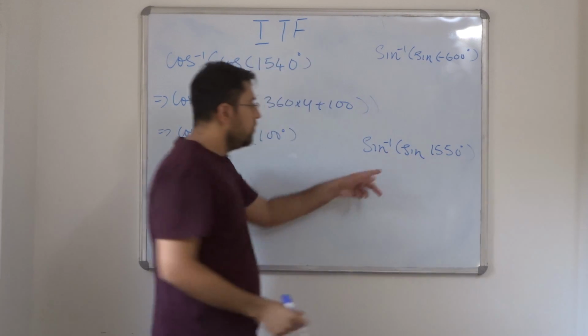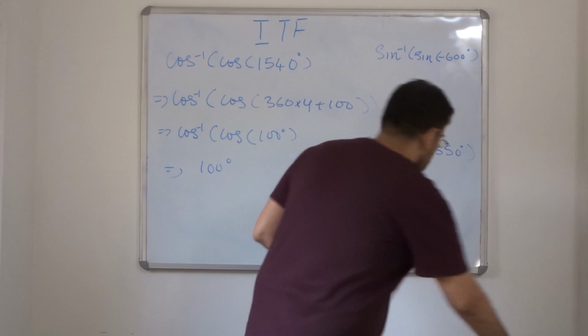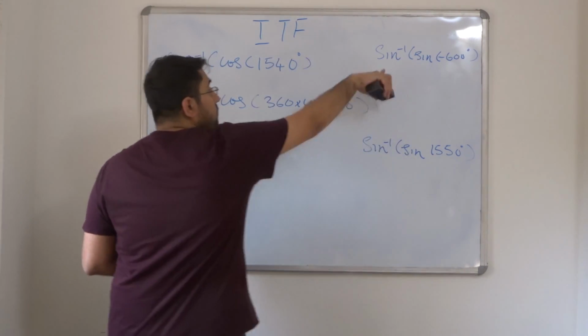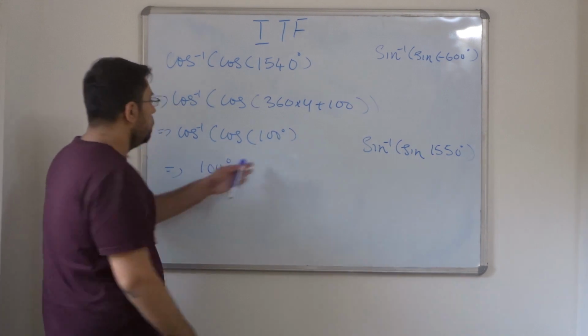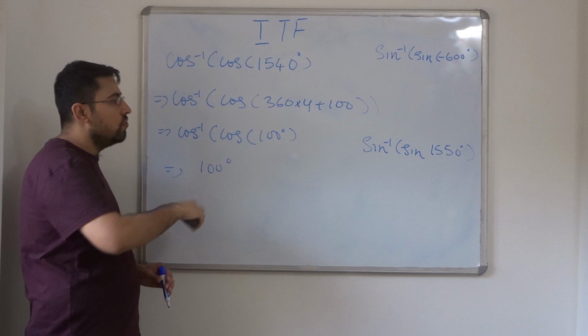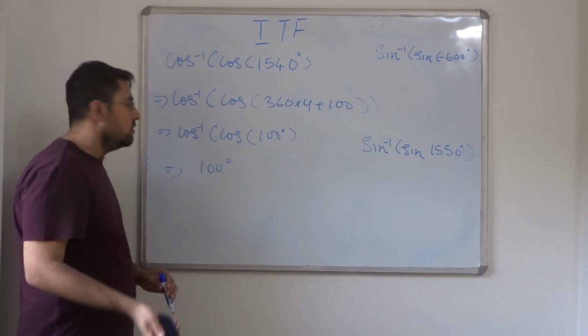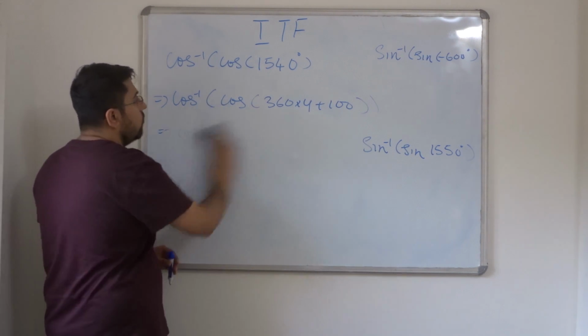I want you to try this in any order, it doesn't really matter. But I'm going to solve that one first and then this one. So I hope you understood this. Now remember, the answer can be in radians, so you can convert it in radians as well. I'm sure you're smart enough to do that. Okay, so I hope you took this down.